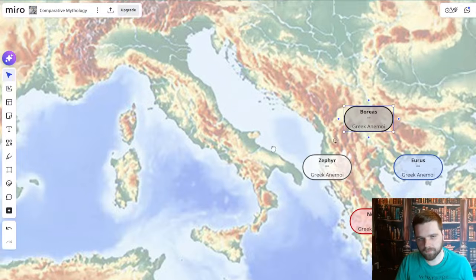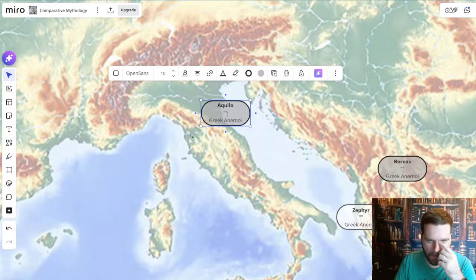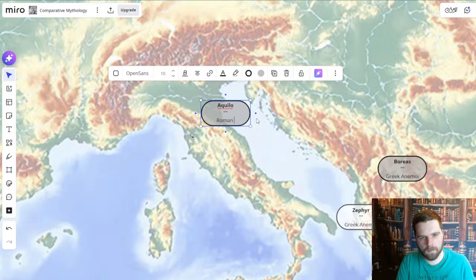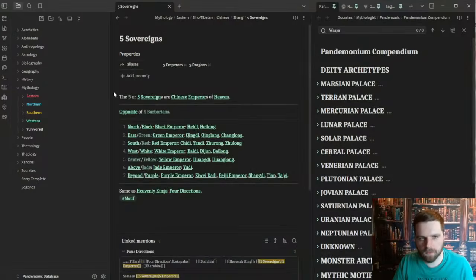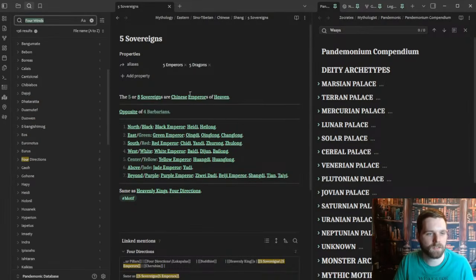Boreas, I remember, is not Aeolus. I don't know why I'm forgetting Aquilo. Are they called Ventos? Let me get my database here. This is another thing that sometimes comes up. My Obsidian database, I have a lot of different ways of storing information on here. I think I called them windows.